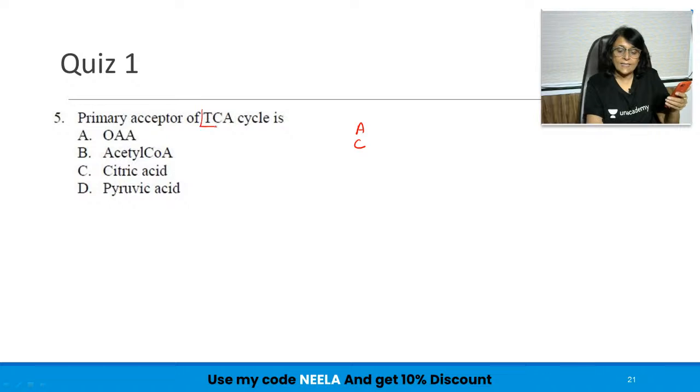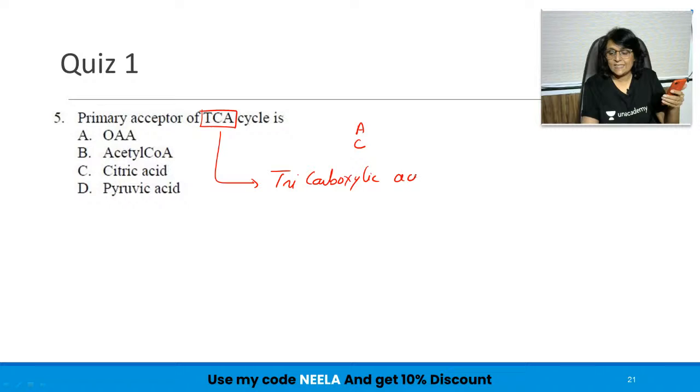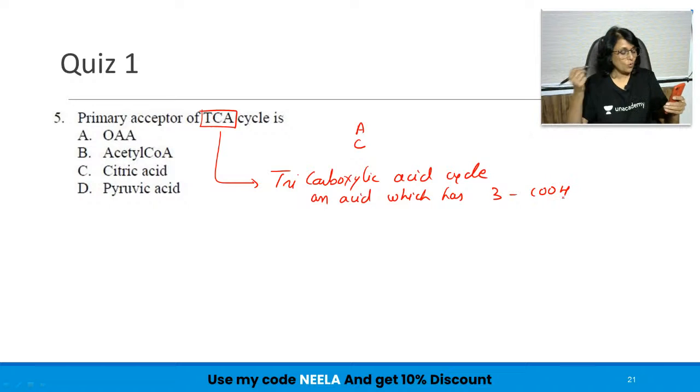Now what exactly is TCA cycle? Tricarboxylic acid cycle. And what does this mean? That an acid which has 3 COOH groups. So that means we are talking about citric acid.